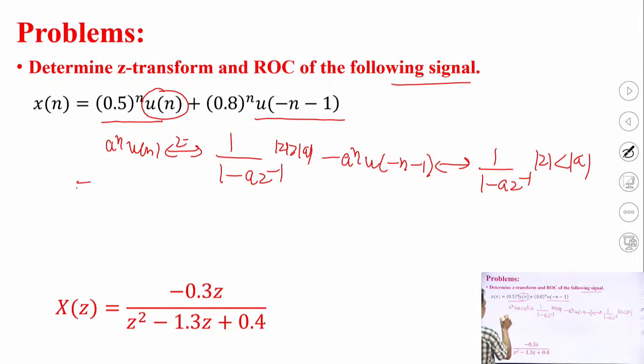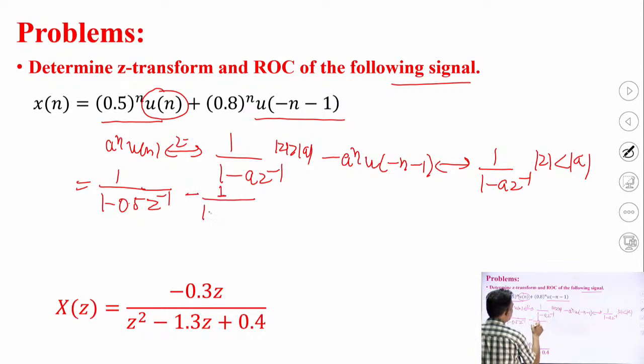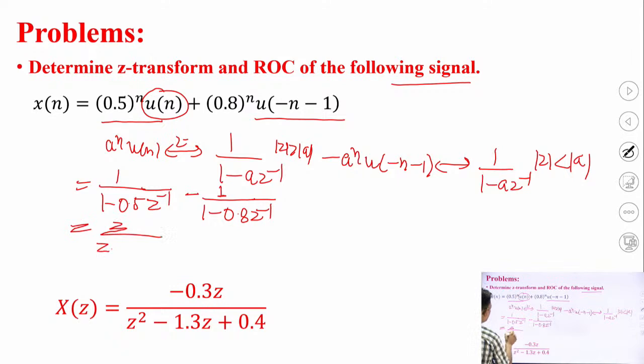According to this we will get the result 1 upon 1 minus 0.5 z to the power minus 1, and for this, minus 1 upon 1 minus 0.8 z to the power minus 1, or you can also write z upon z minus 0.5 minus z upon z minus 0.8.